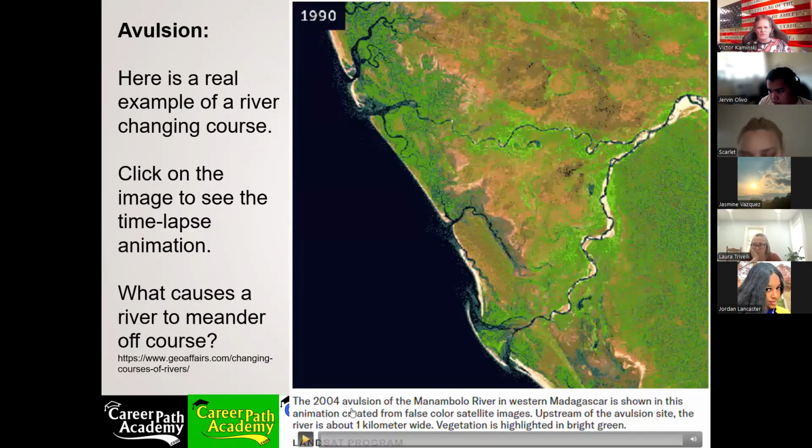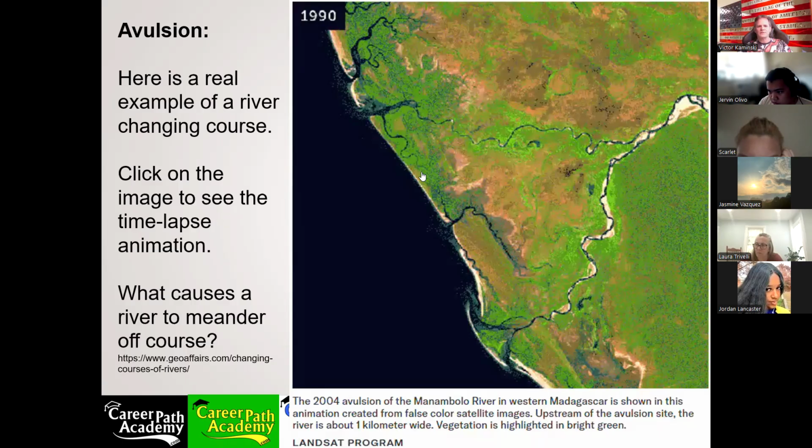The 2004 avulsion of the Manambolo River in western Madagascar is shown in this animation created from a false color satellite image, whatever that means. Upstream of the avulsion site, the river is about 1 kilometer wide. Vegetation is highlighted in bright green.